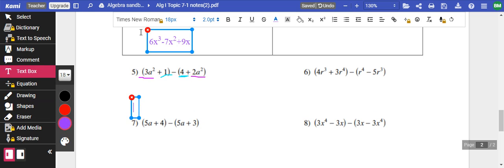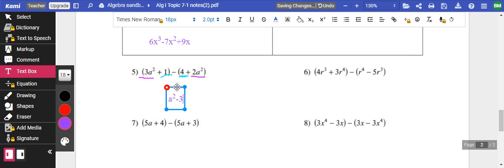We've got 3a squared minus 2a squared is just a squared. And then we've got 1 minus 4 is negative 3. So I'm just kind of saying that each time, knowing that it's subtraction.